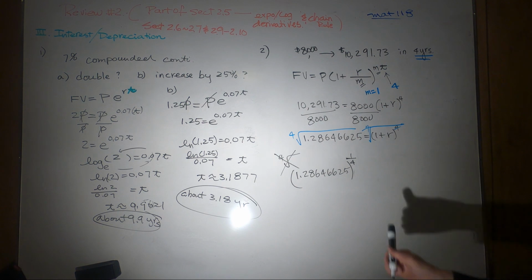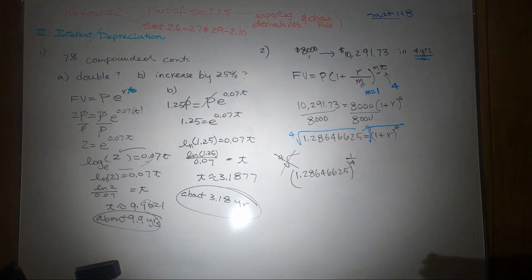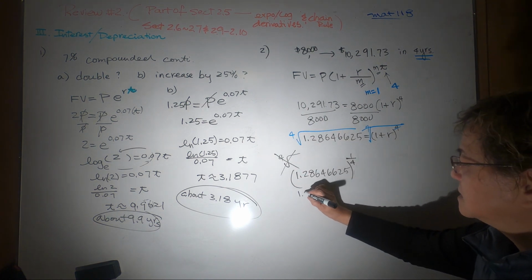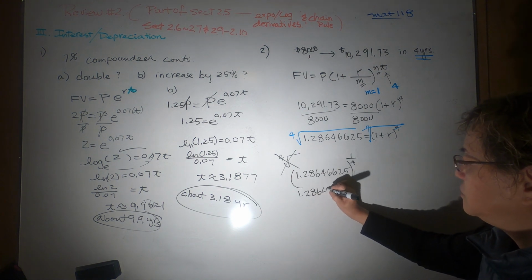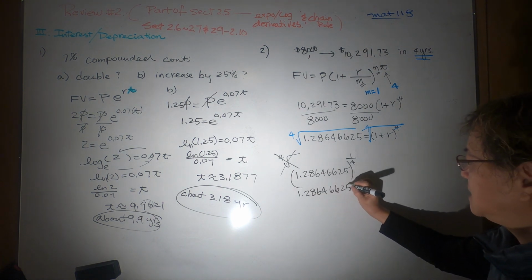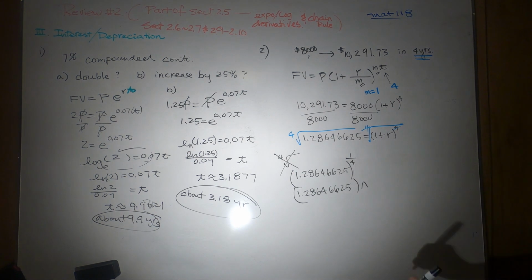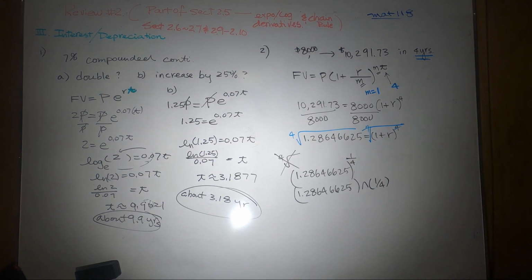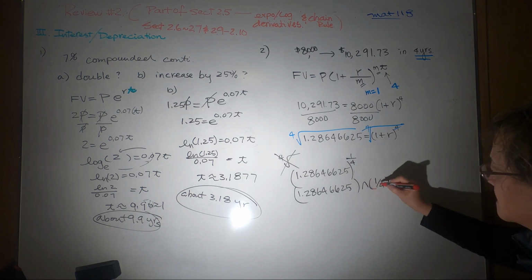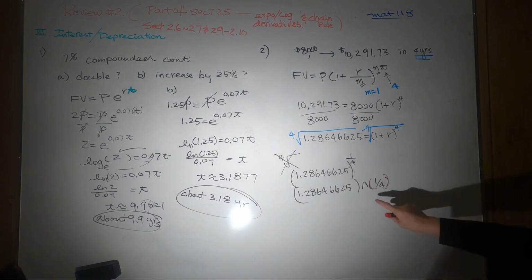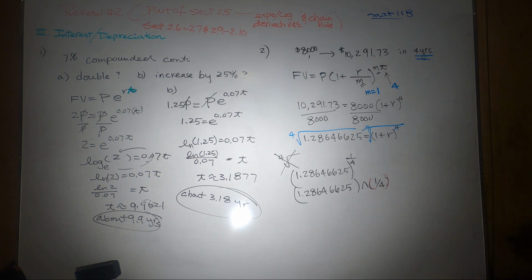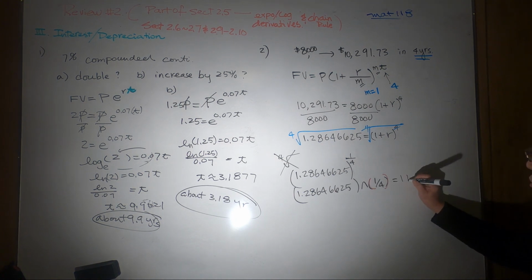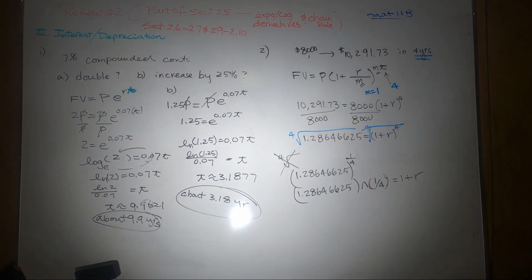Is that right? 1/4 power means what? 4th root. So you will use the calculator, type in as such to the power of what? 1/4. Remember to put what? Parentheses around your power. Otherwise, it's only power 1, then divided by 4. It's different from taking the 1/4 power. That will be your 1 plus R.